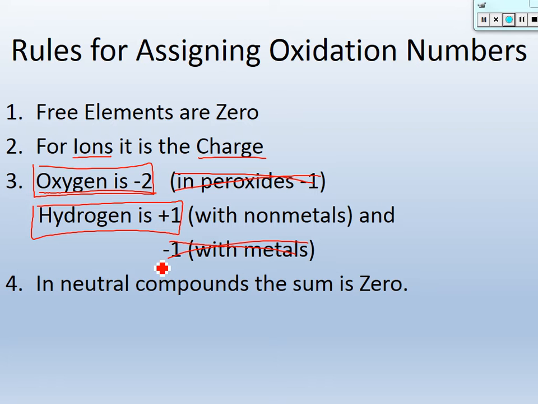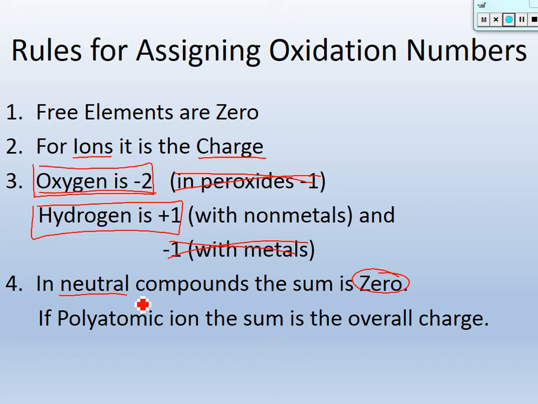Rule number 4, in neutral compounds, the sum is 0. So we add up all the oxidation numbers, it better sum to 0 in a neutral compound. Now if it's a polyatomic ion, the sum is the overall charge. So if the polyatomic ion has a charge of -2, then it sums to -2.